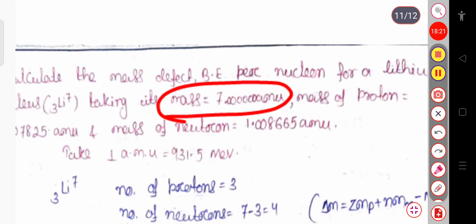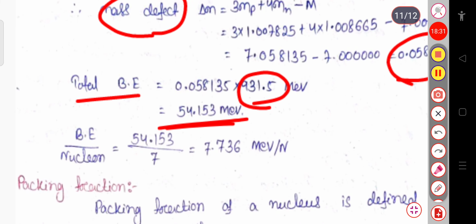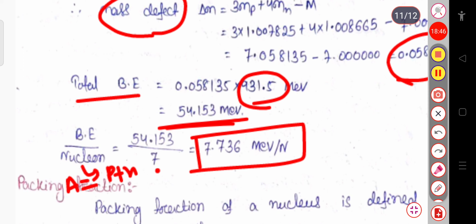Nucleons means the sum of the proton number and neutron number, that is nothing but your A, which is 7. So simply dividing 54.153 by 7, you will get 7.736 MeV per nucleon.